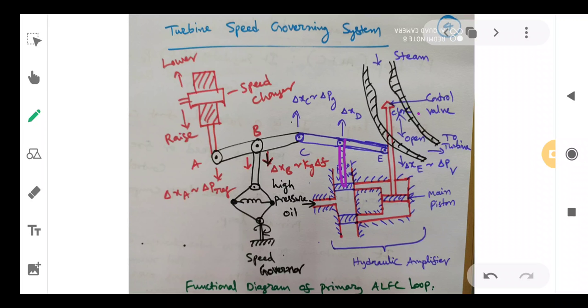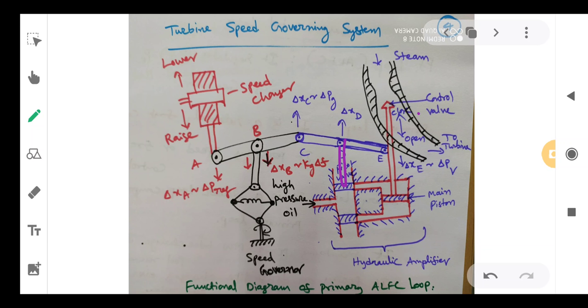The movements of points A, B, C, D, E are termed delta XA, delta XB, delta XC, and so on. All these displacements are equivalent to power variations. Why? Because the valve movement is related to displacement delta XC, and that valve movement is related to variation in the power output.